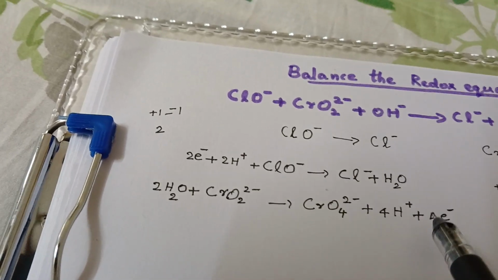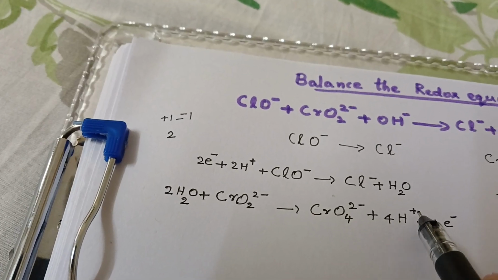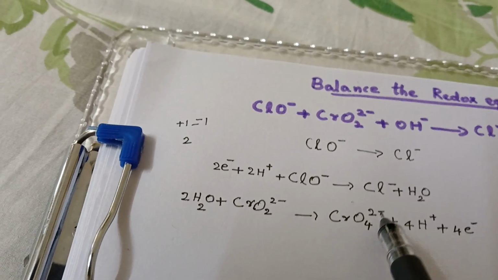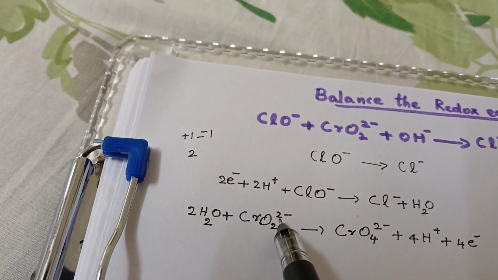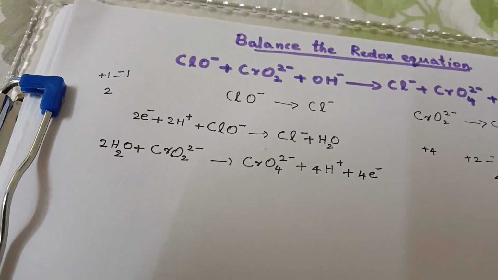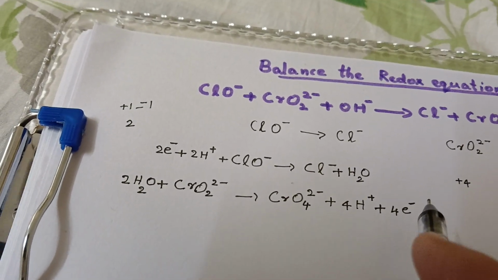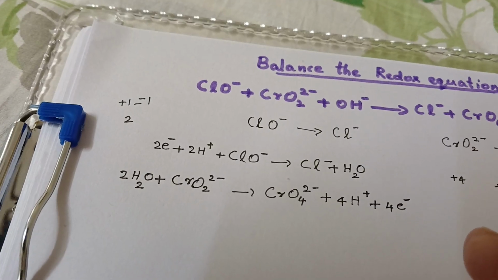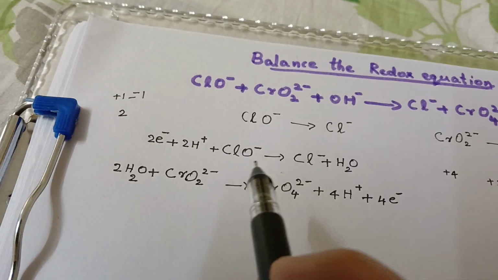Now let us check if the charges are balanced. Plus 4 minus 4, 0. Here it is minus 2. Right hand side minus 2, left hand side also minus 2. That is balanced. Now we don't find any electrons in a balanced equation, so we need to get rid of these electrons.